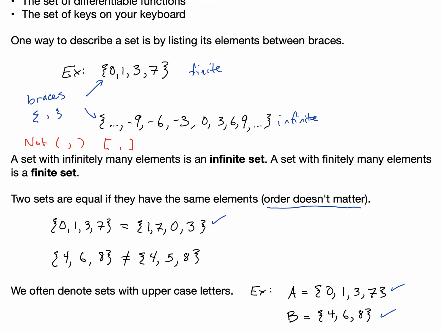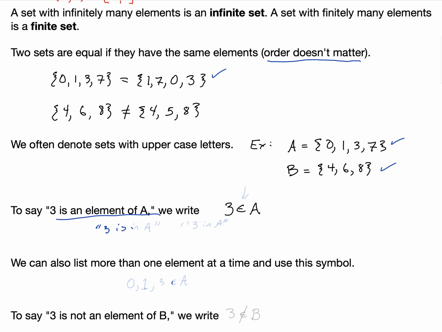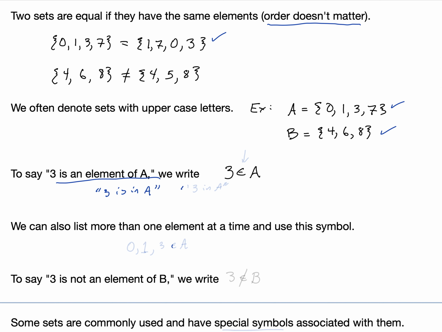So we could read that out loud as 3 is an element of A, or 3 is in A, or just 3 in A. That is the symbol for is an element of. It looks almost like a euro sign or something.